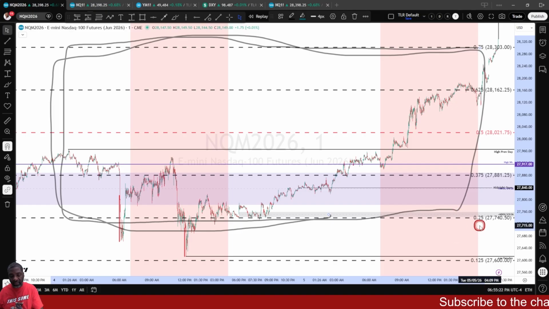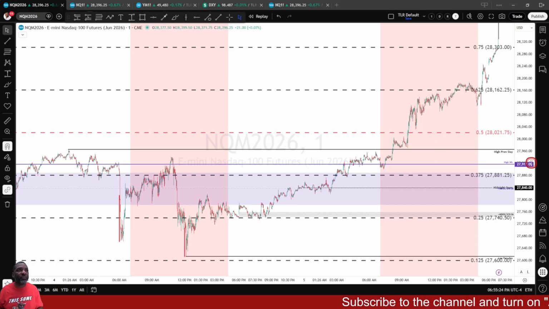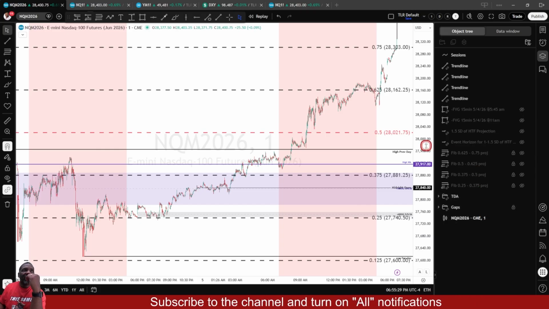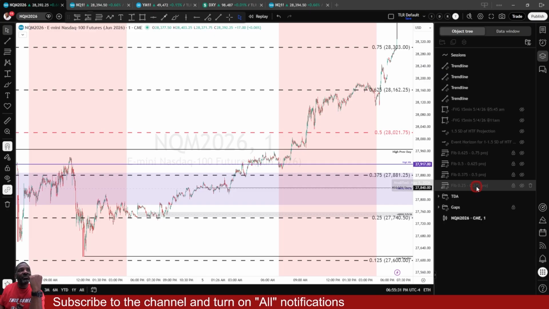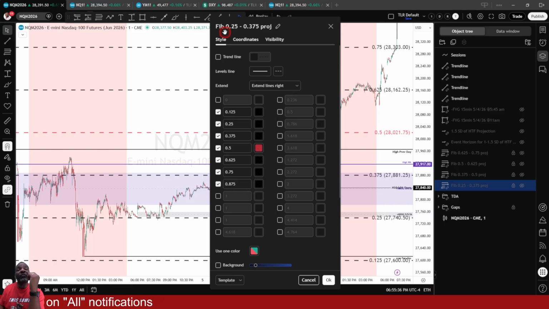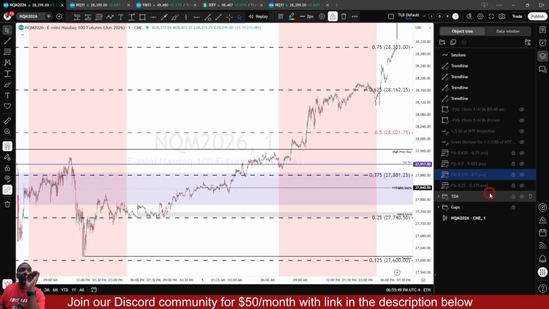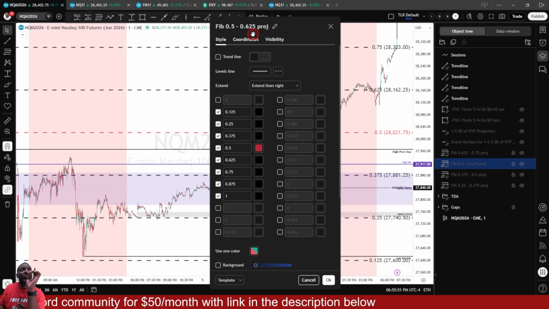Now, watch this. If you take a gander over here, you will see that this Fibonacci tool is called Fib 0.25 to 0.375. This says Fib 0.375 to 0.5. This says Fib 0.5 to 0.625.